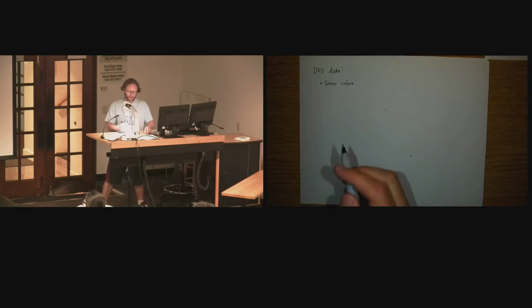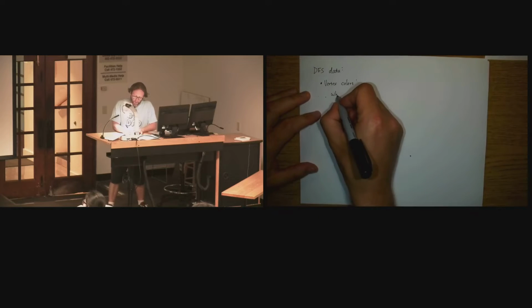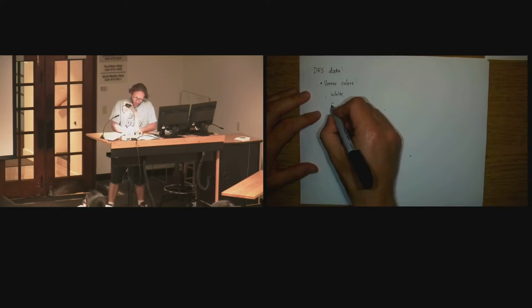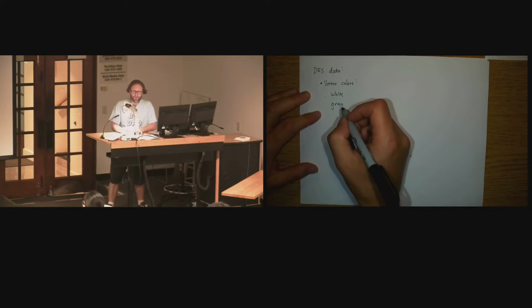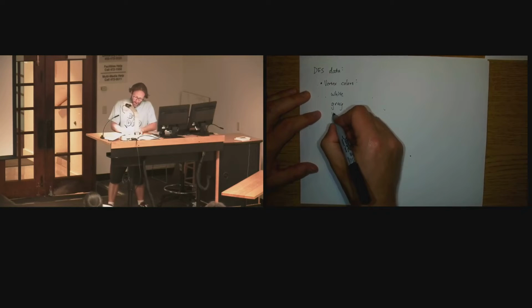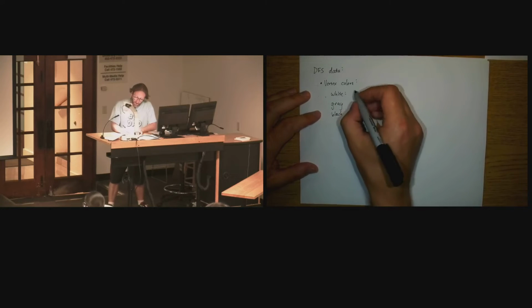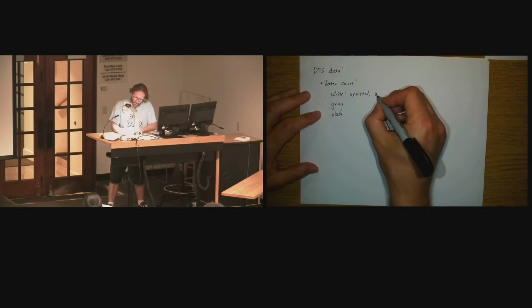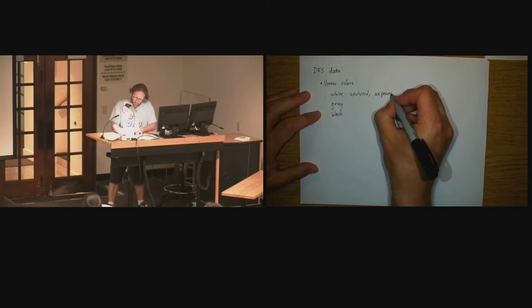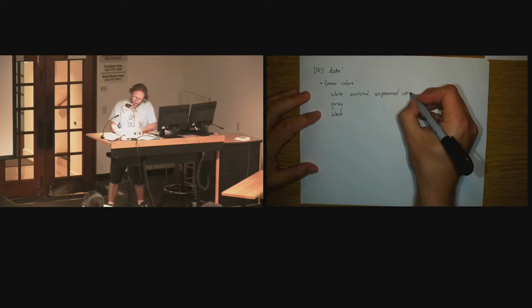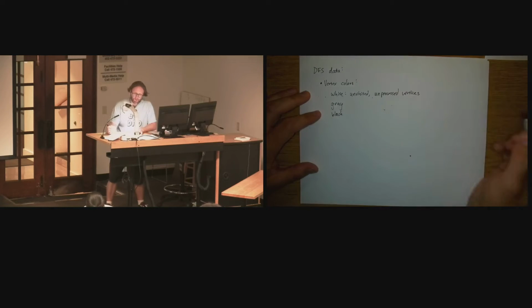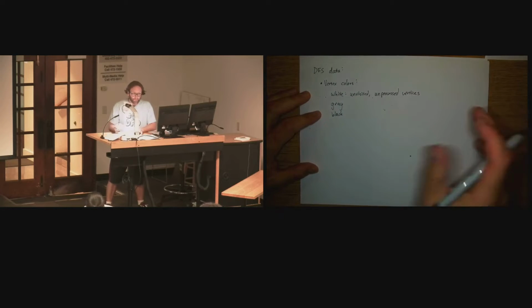White, in other words an uncolored vertex, indicates unvisited, unprocessed vertices. Gray means I've visited it, and black means it's done, it's been processed. So before you even start your DFS traversal, everything will be colored white.